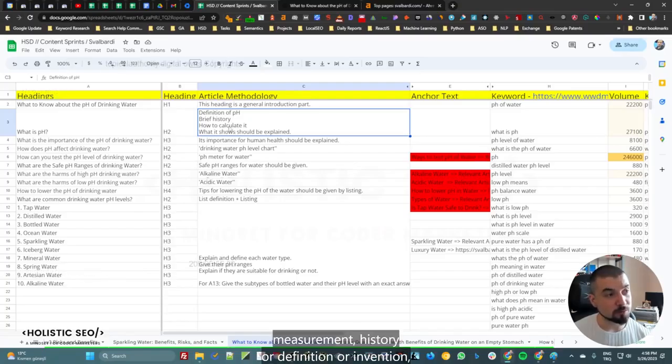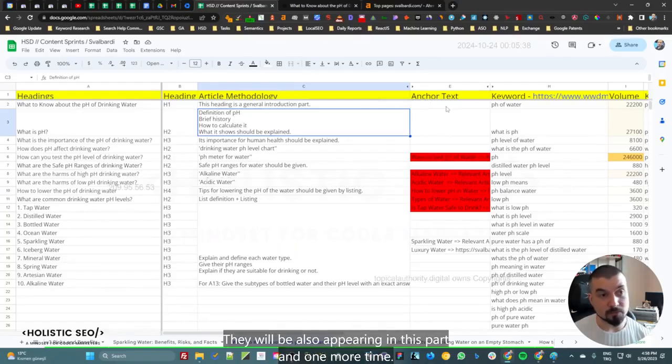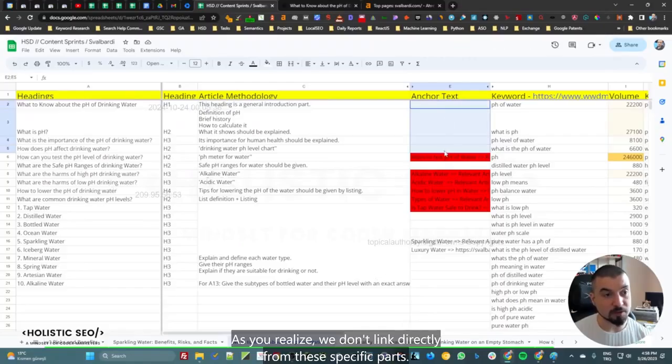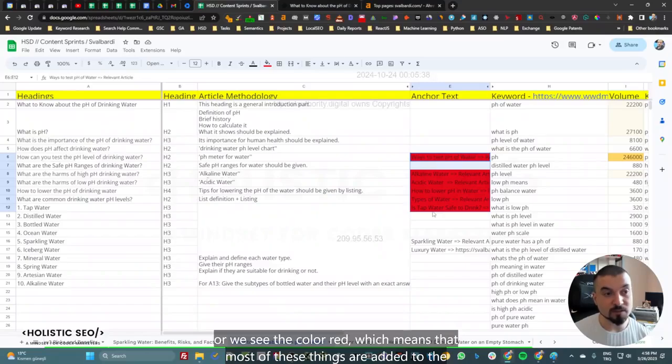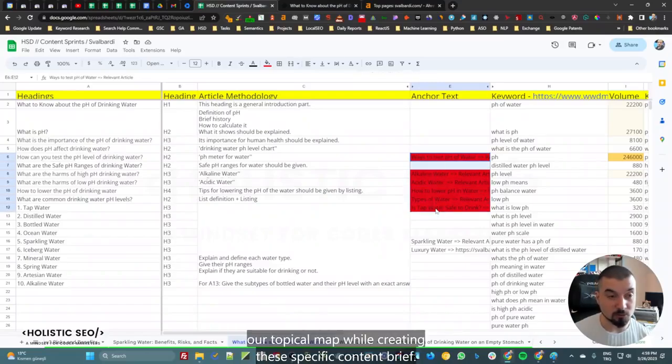That's why calculation, measurement, history, definition, or invention will also be appearing in this part. And one more time, as you realize, we don't link directly from these specific parts. One more important thing here is that we see the color red, which means that most of these things are added to our topical map while creating this content brief, but these briefs are not created entirely or completely yet. That's why they are marked as red.